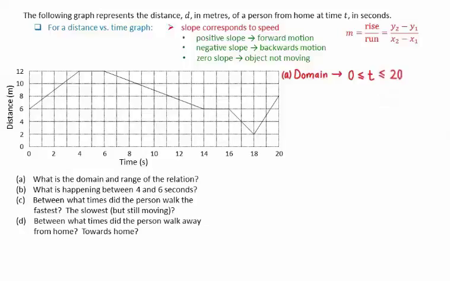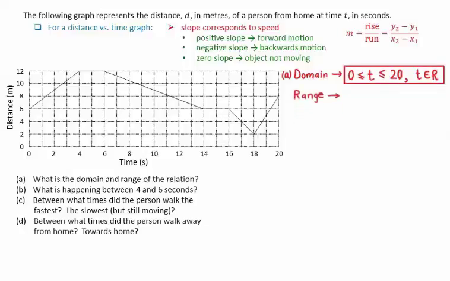And note also that the maximum time recorded on the graph is 20 seconds. This means we have 0 ≤ t ≤ 20. We also have to include that t is an element of the set of real numbers, since we can have any value of t between 0 and 20.